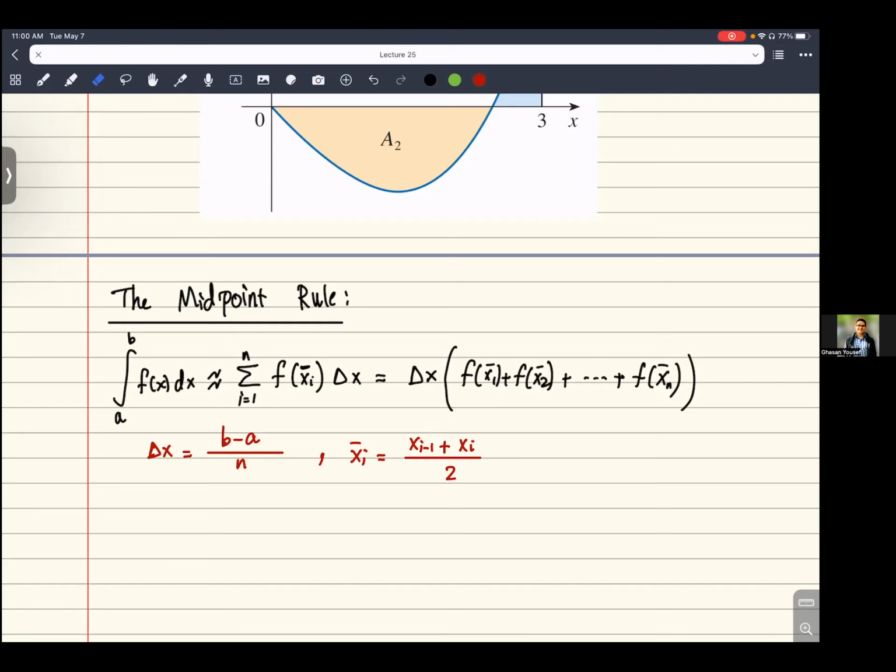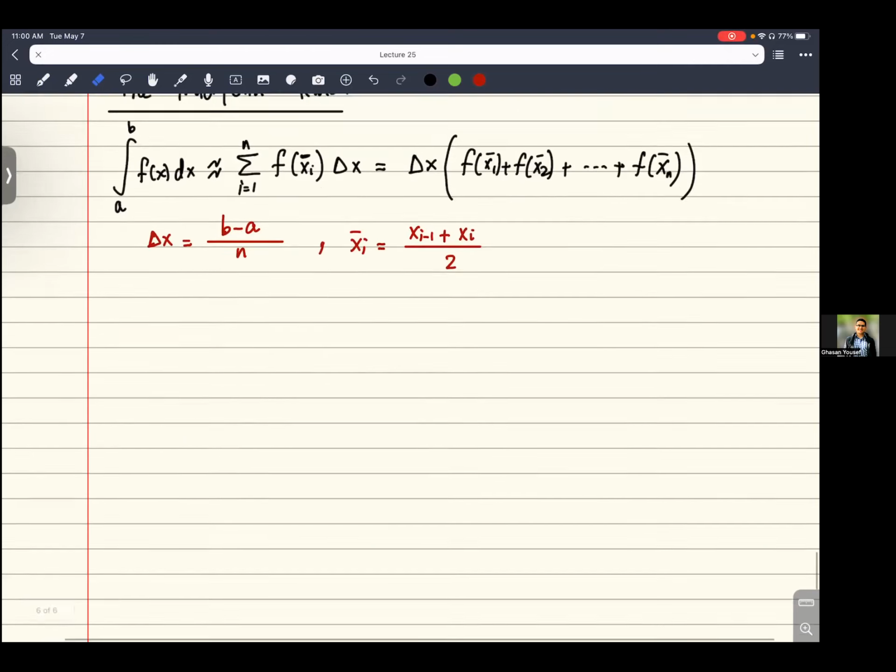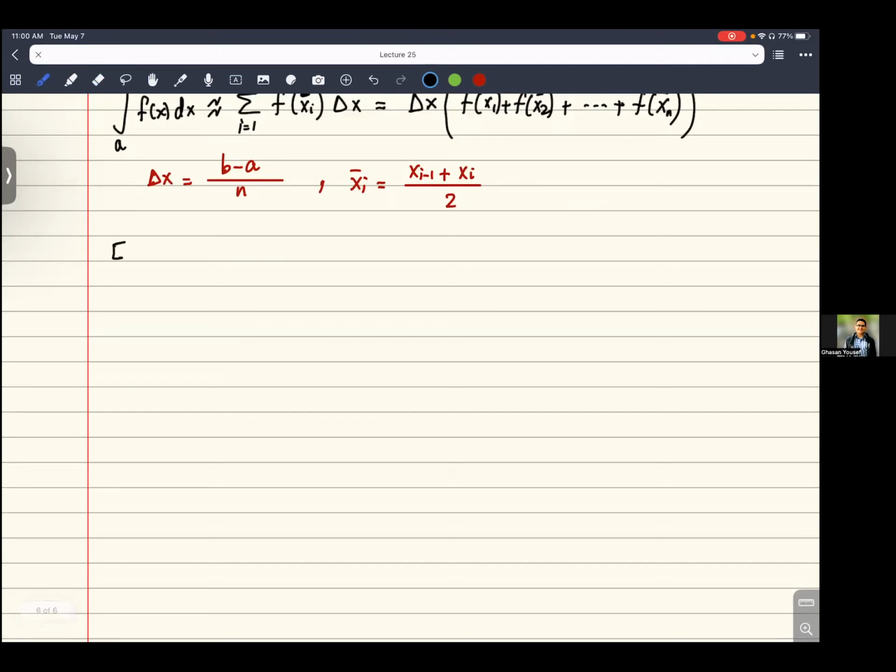Okay, I'm going to give you a quick example. Use the midpoint rule with n equal 5 to find the integral of 1 over x, dx, from 1 to 2.